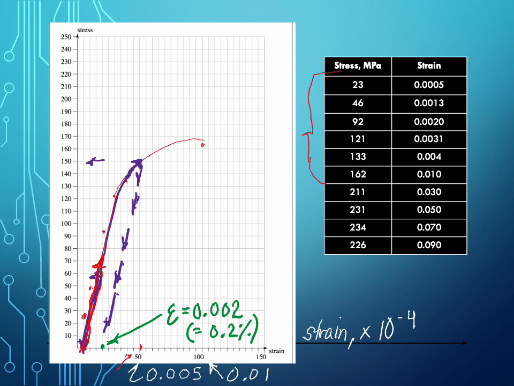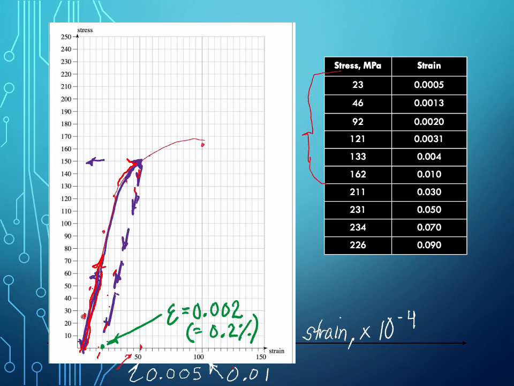But if I continue to load, in this case to here, and then unload, I have 0.002 strain. And so the yield strength is the stress at which, once I've unloaded, I get to 0.002 strain. That's why it has that name.